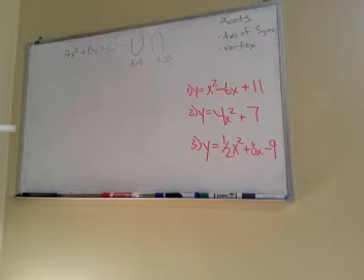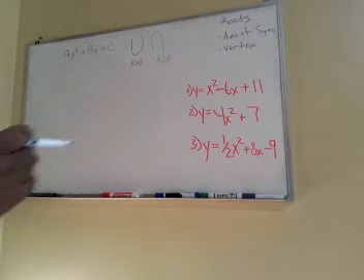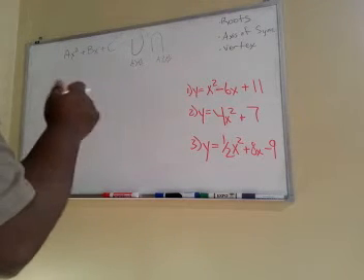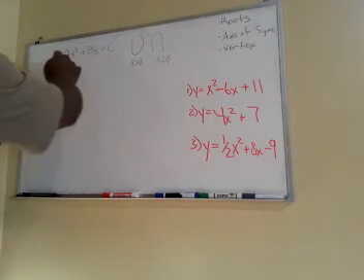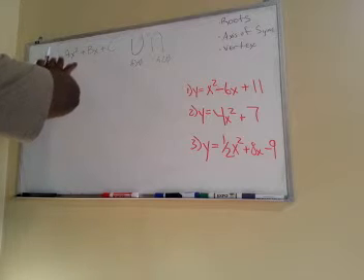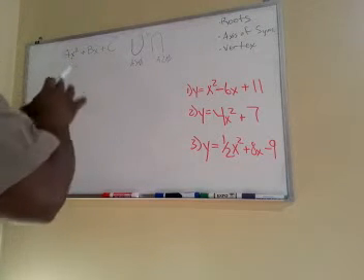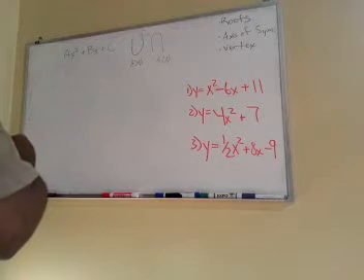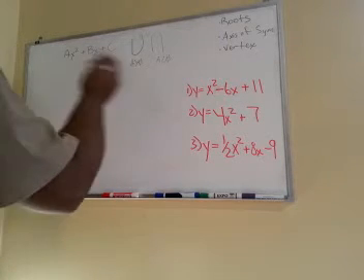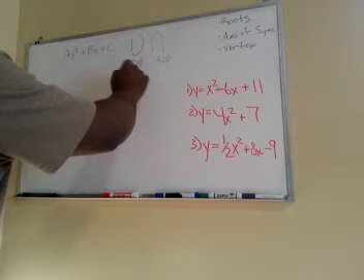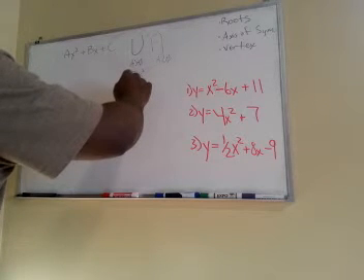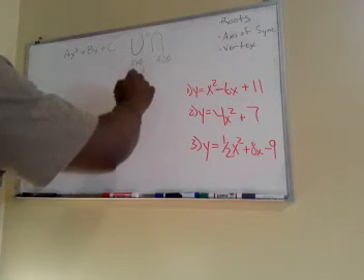Now, how slim or wide the parabola is going to be is again based on A, not whether it's positive or negative, but whether it's greater than the number 1 or less than the number 1. If you have 8x squared, that's going to be super narrow.